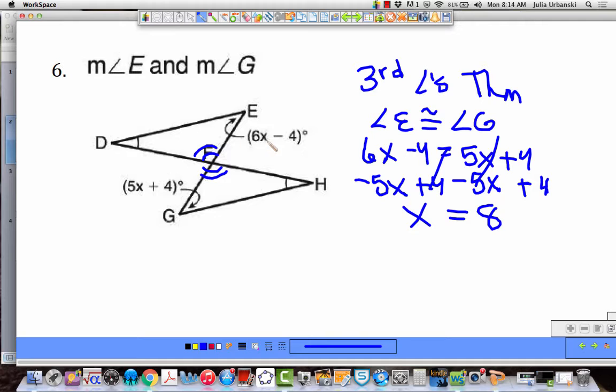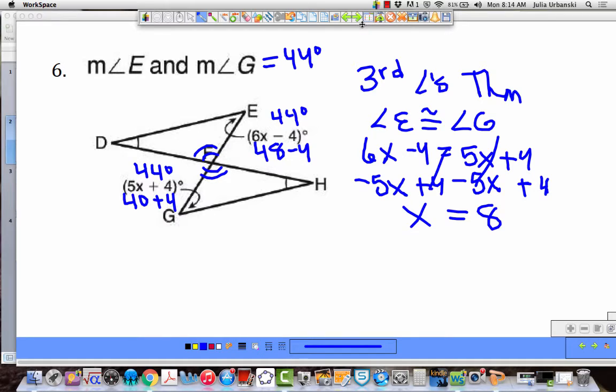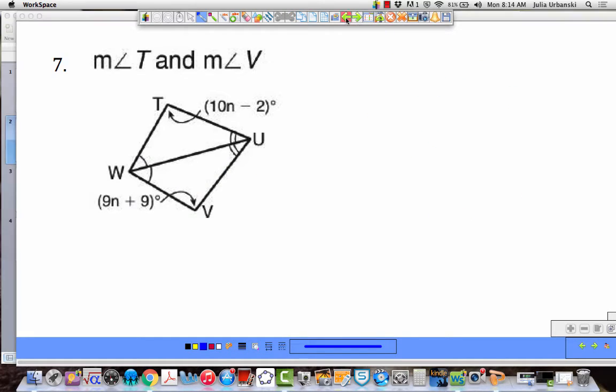We have 6 times 8 is 48. 48 minus 4 gives us 44 here. 5 times 8 is what? 40 plus 4 gives us 44. So both of our answers are 44 degrees. Okay, so the only trick to these kind of problems is to make sure that two of the pairs of angles match already so that the third one can match as well.